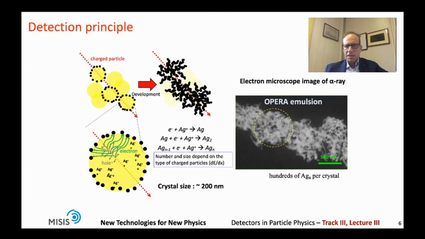This is an OPERA film which was exposed to alpha rays, and then you see the image at the optical microscope. So there are hundreds of silver clusters per crystal.